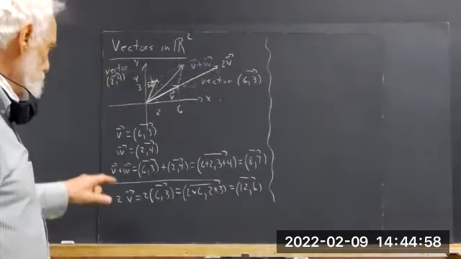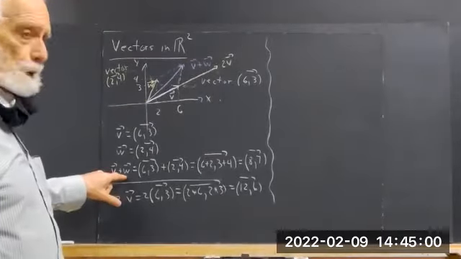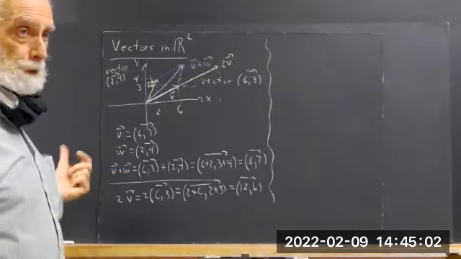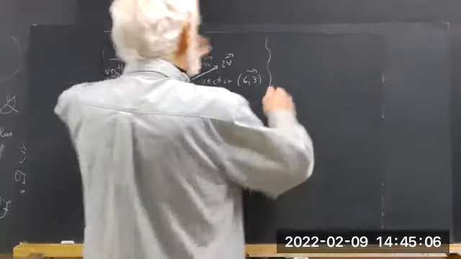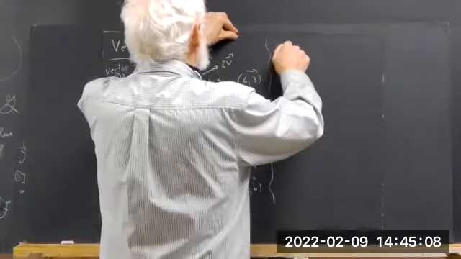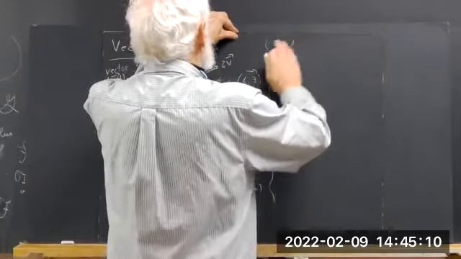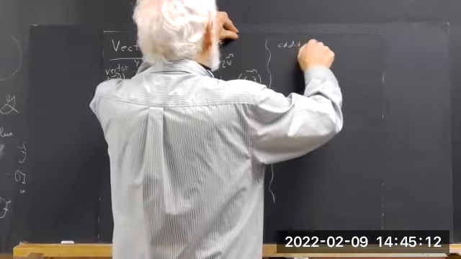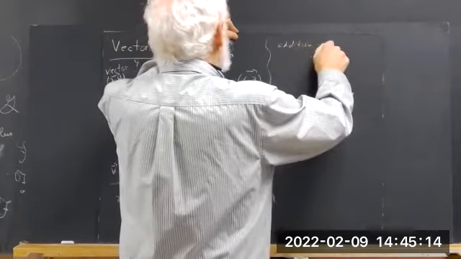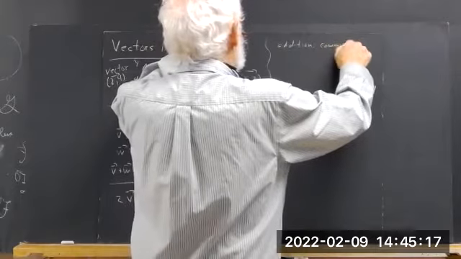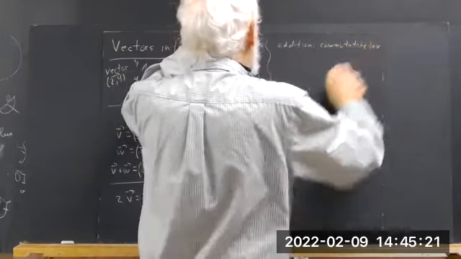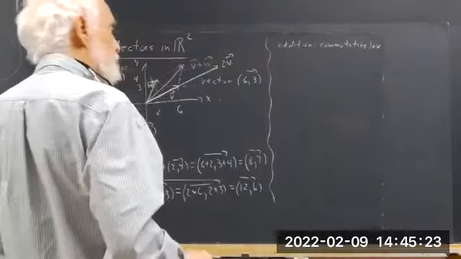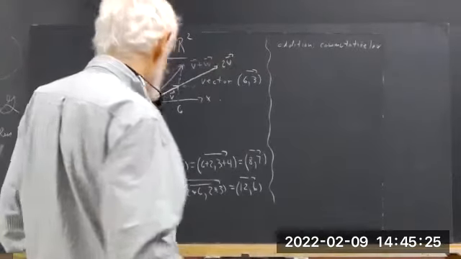It's pretty obvious if I add V plus W, I'm going to get the same thing as if I add W plus V. So there's a commutative law. Scalar multiplication has a distributive law.